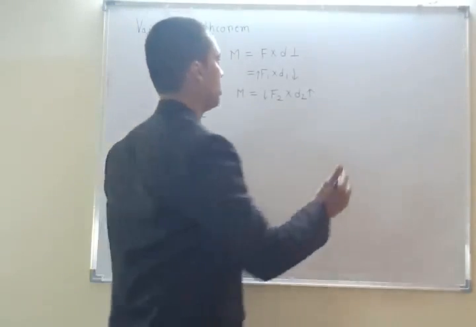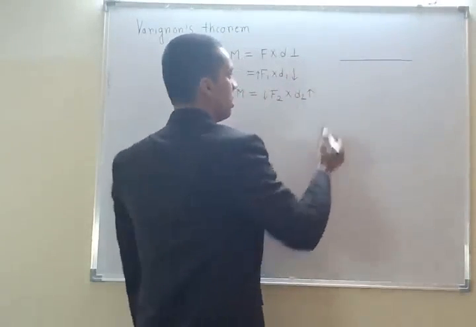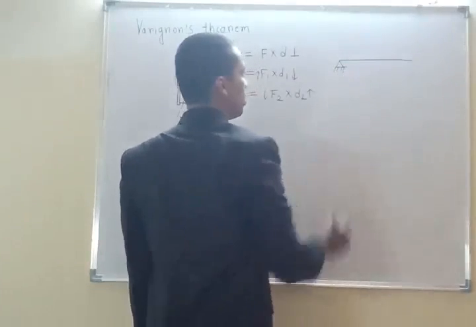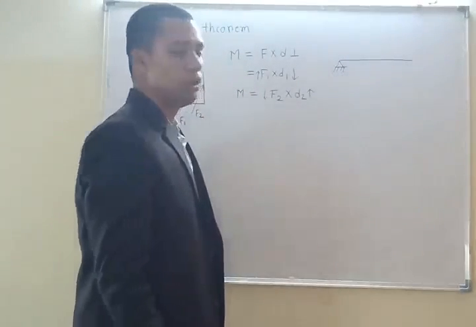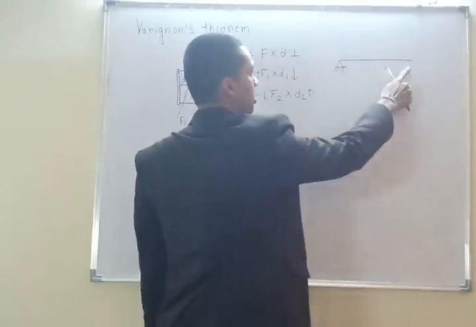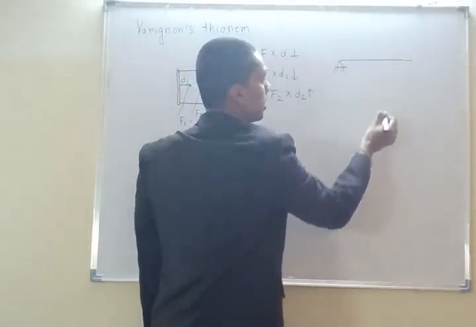Let us understand this again with another example. Suppose this is a beam, and at this portion it is hinged. At this portion it is free, and about the hinge it can rotate like that.